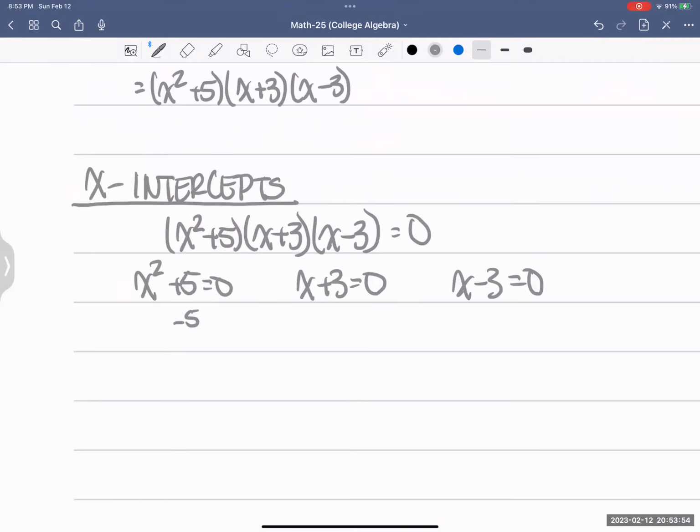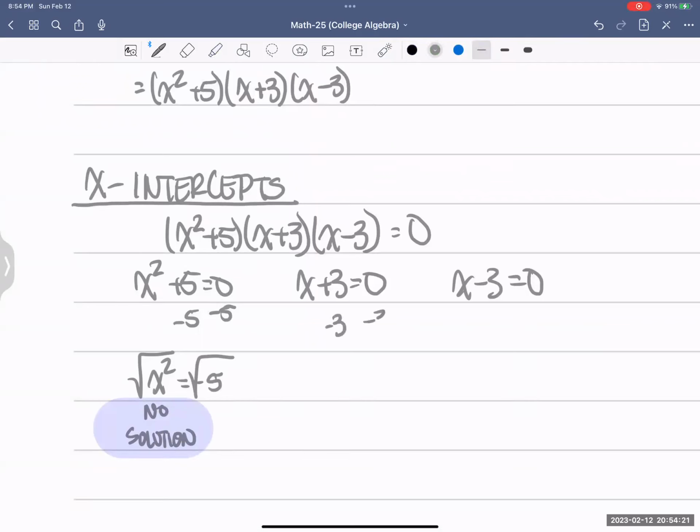So we find our x-intercepts here. Minus 5 on both sides: x squared is equal to negative 5. Take the square root of both sides. Here we only look for the real solutions unless they tell us otherwise, so we have no solution, and we just leave that part there.